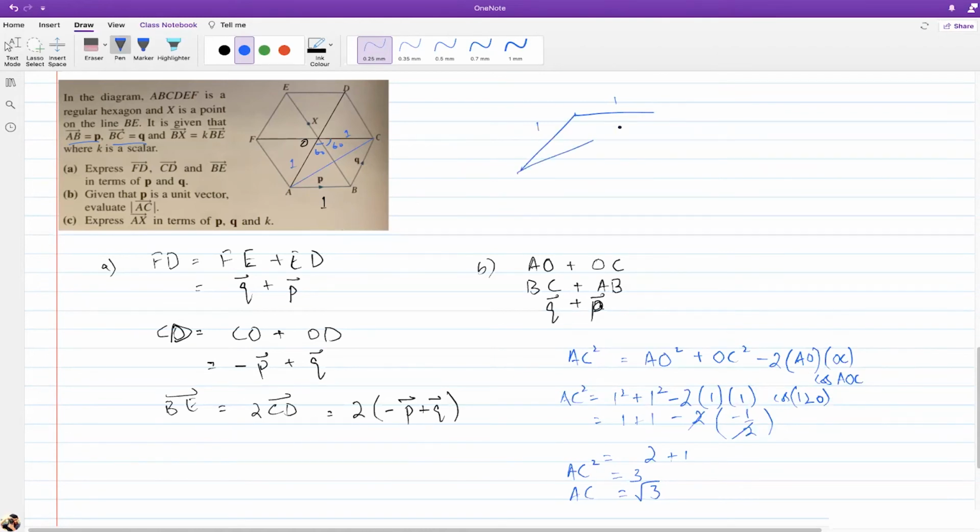The other side is also 1. This is the third side I don't know the size of, and this is 120 degrees. So I just applied the cos rule. We also call it extended Pythagoras theorem. Oh, okay. Yeah, so that's how we do it.